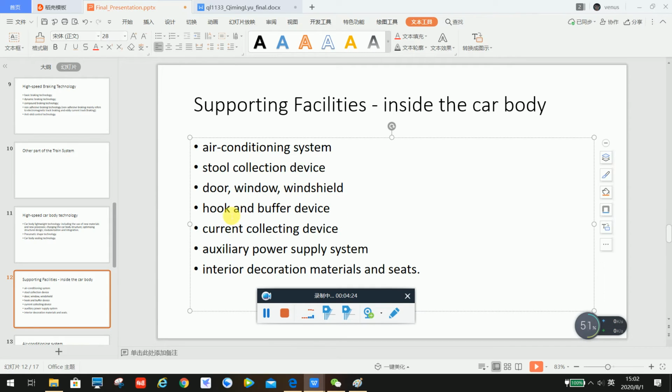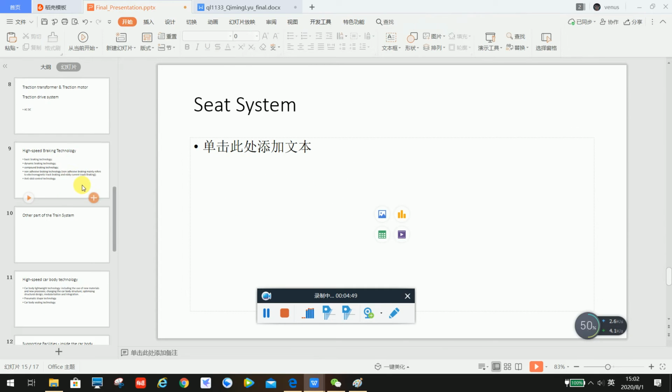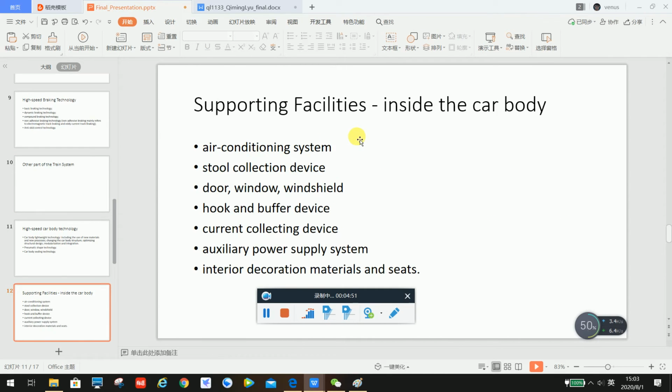The windshield, and also the hook and buffer device, the collecting device, the power supply system, and the interior decoration material. So there are many supporting facilities. We can't explain them one by one, but we can look at some very important ones.